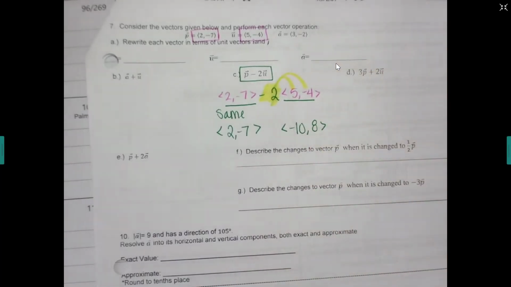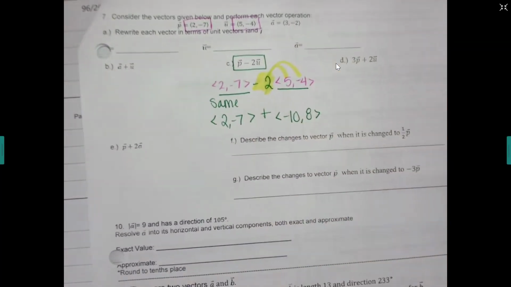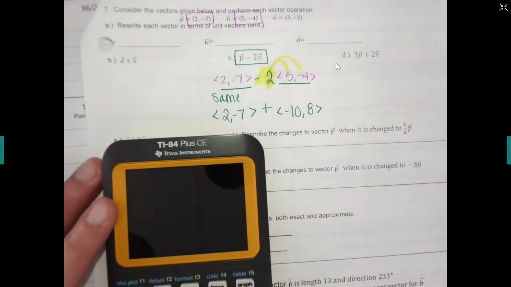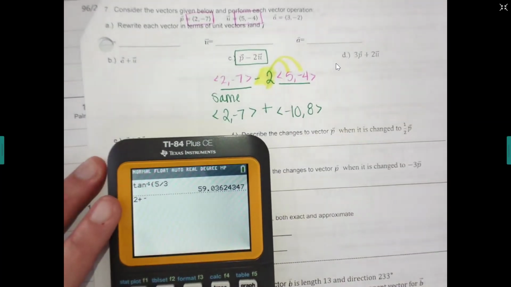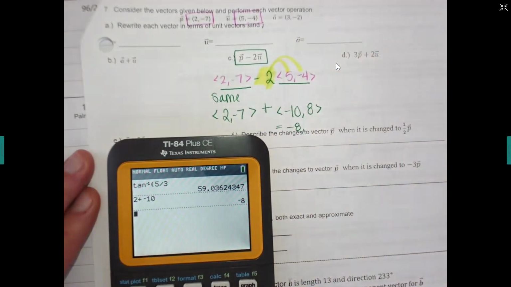Okay, then one more thing that's important. Remember, the minus from the middle, you pushed it into the vector. So now this is a plus in the middle. And then when you add vectors, you put the 2 x's together, put the 2 y's together. So if I do 2 plus -10, my new x is a -8. And then -7 plus 8, my y is a 1.